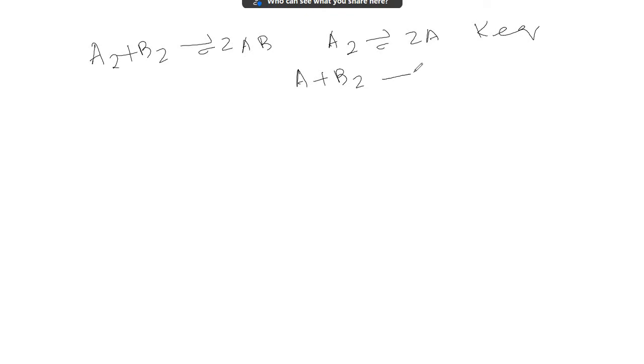Suppose in this case I have written A2 plus B2 gives you 2AB. A2 gives you 2A. This I have written as K equilibrium. Then I have written A plus B2 gives you AB plus B. That is the rate determining step or slowest step.